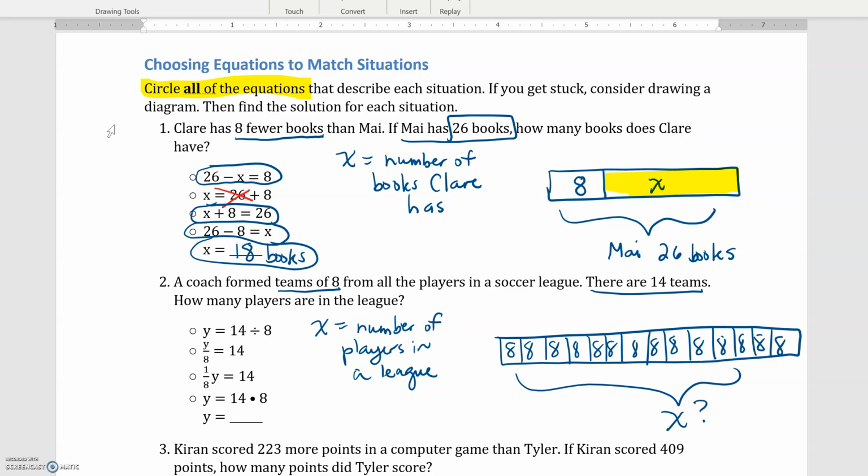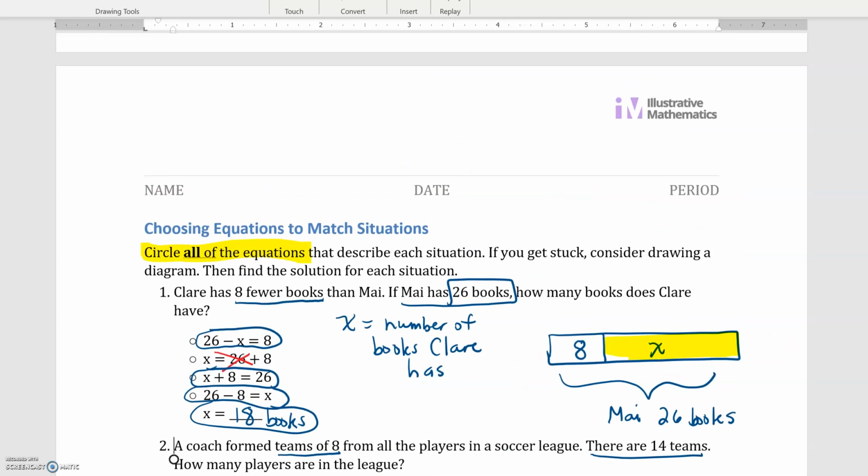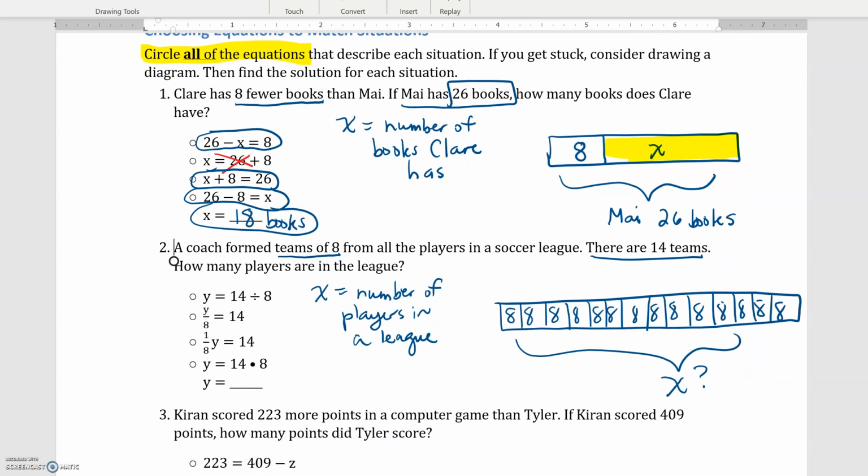I have to ask myself, how could I find x using this diagram? It's going to be the whole entire tape. Let's think about how we could represent that. Could I find x by saying y equals 14 divided by 8? Actually, I'm going to change this to a y because my equations say y, just to be consistent.